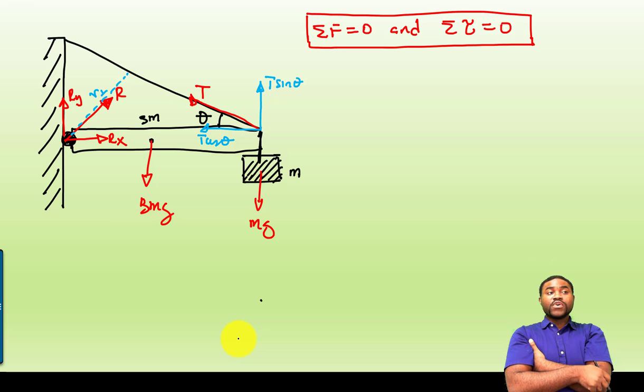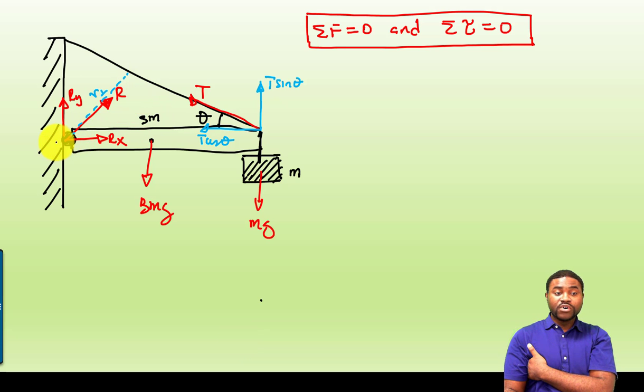My advice for everybody here is, when you are calculating torques, choose your pivot to be at the point where most of the forces are located. The reason is because the torque of a force through the pivot is 0. So when you choose your pivot at the point where most of the forces are located, what happens? You simplify your problem automatically.